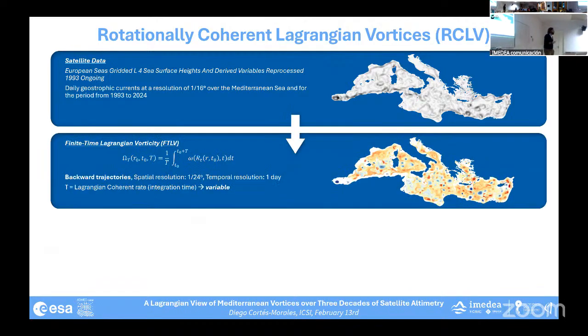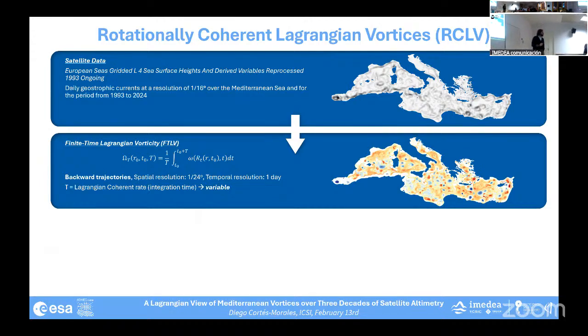To compute these Lagrangian vortices, we start, as I said, with the velocities. Then we simulate the trajectories of the particles and compute the Lagrangian vorticity. How do we do this? We have the trajectories, and at each step of the trajectory, we integrate the vorticity. The vorticity is simply a measure of the sign of rotation of the fluid.